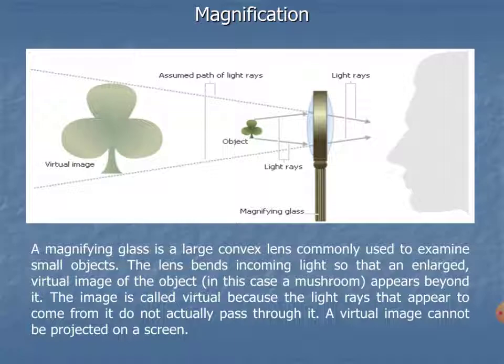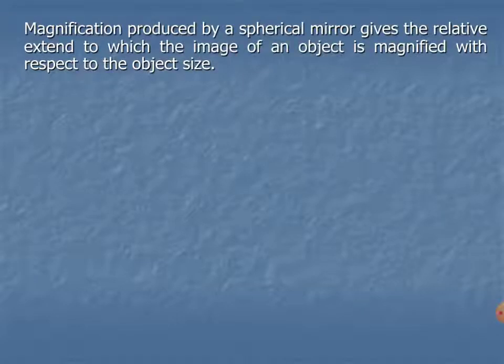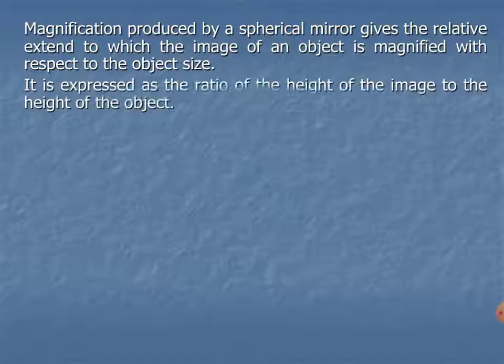Let's directly go to magnification. Magnification can be defined as a ratio of what? Image distance to the object distance. Image will be always first in the numerator, and the object will come in the denominator. It may be defined as the image distance to the object distance, and also as the size of the image to the size of the object.